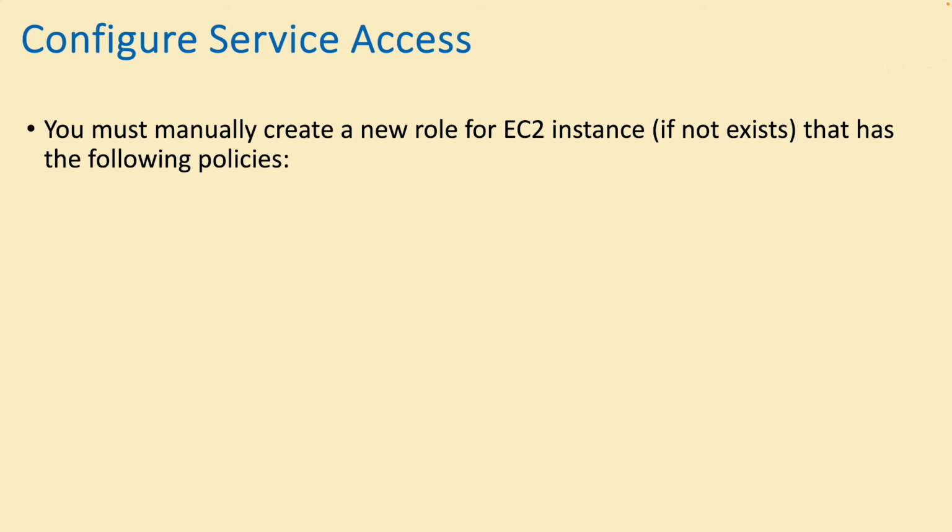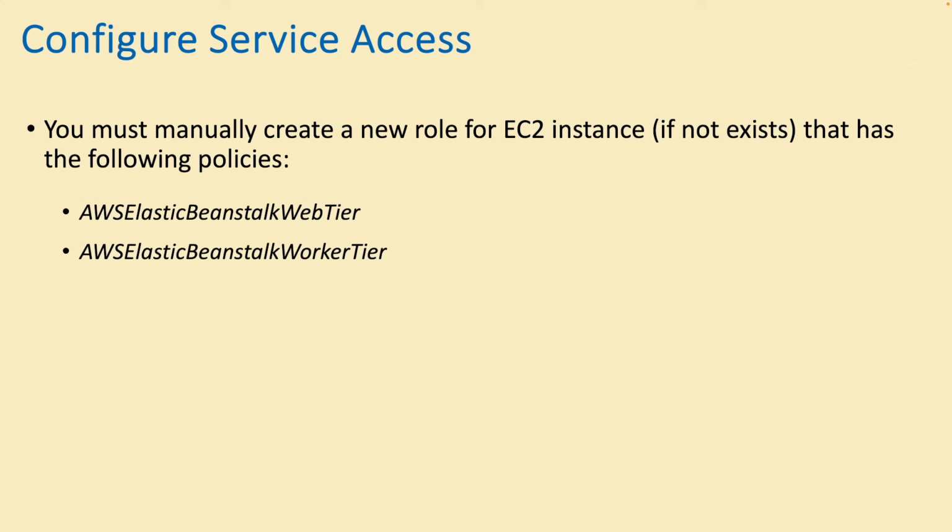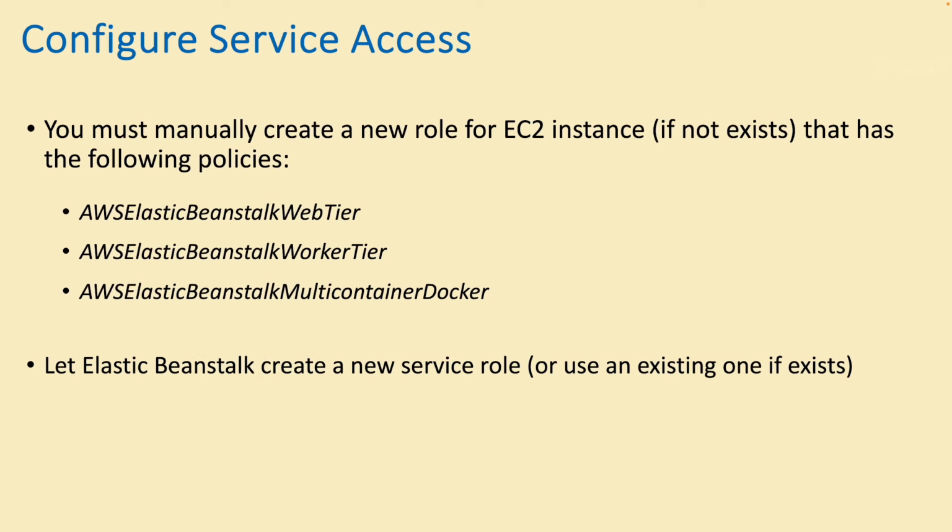And note that in the configure service access step, you must manually create a new role for the EC2 instance if one does not exist, that has the following policies or permissions: AWS Elastic Beanstalk Web Tier, AWS Elastic Beanstalk Worker Tier, AWS Elastic Beanstalk Multi-Container Docker, and let Elastic Beanstalk create a new service role or use an existing one if it exists.